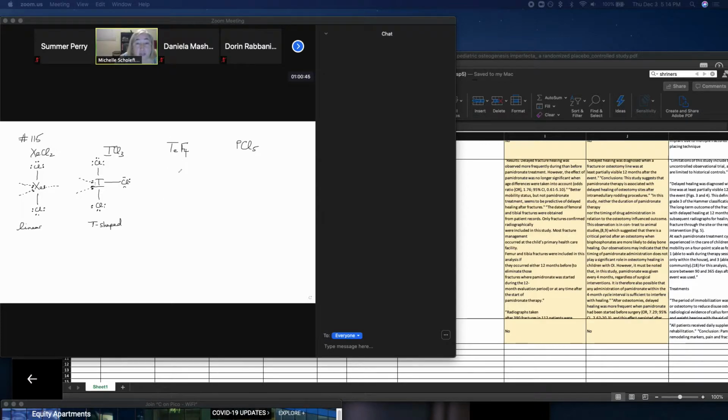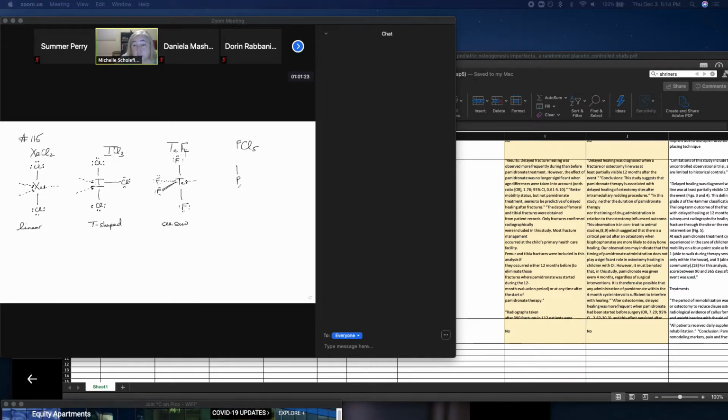In the third example here, TeF4, we've got Te, with a fluorine going up and a fluorine going down. We're going to have a fluorine over here coming out at us, and one going back into the board, and a lone pair right here. What we end up with is a seesaw molecule. Let's put the lone pairs on the fluorines. And in the last one, this is just like the arsenic one.